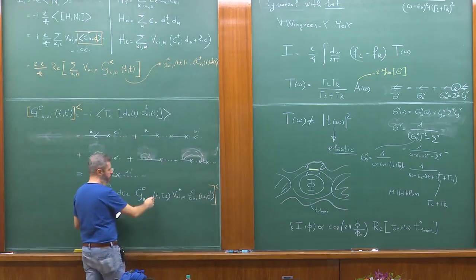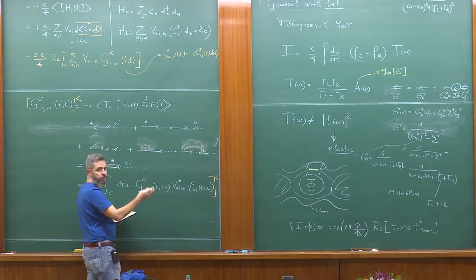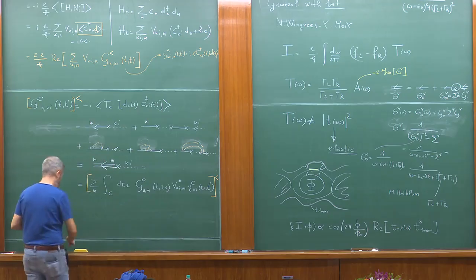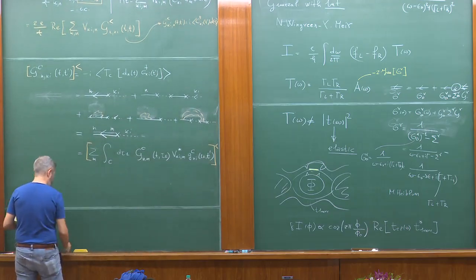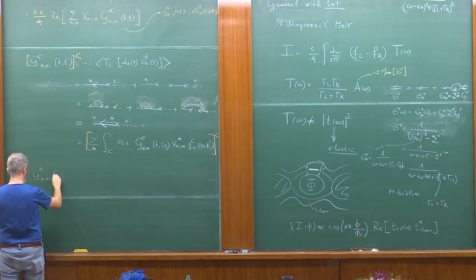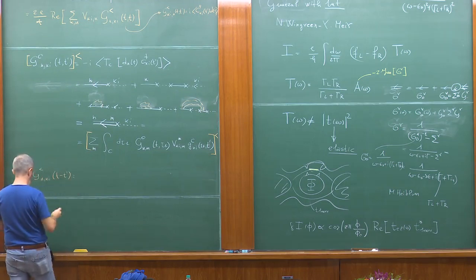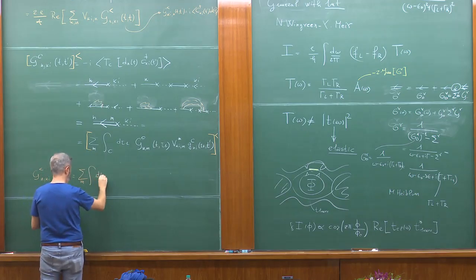But lo and behold, you see that this is just a convolution, so we can use the rules that I introduced yesterday to do the translation in 2 seconds. And therefore, what we get at the end is that G lesser of n k i (t minus t prime) is equal to the sum over m, integral dt1.